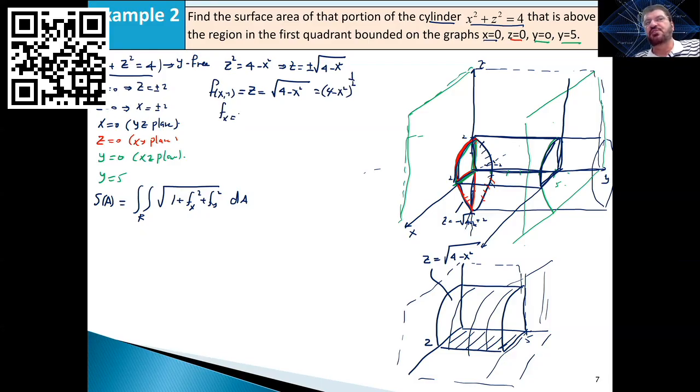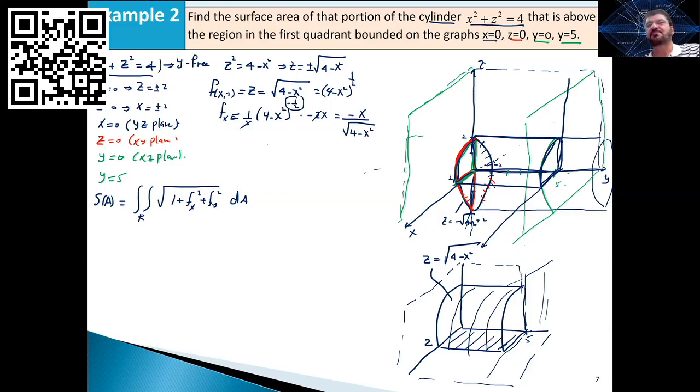Let's differentiate this. What do you get? Half goes down. Then 4 minus x squared, reduce this power by 1, becomes negative half, times the derivative of the inside, which is negative 2x with respect to x. This 2 goes with this 2. So you're left on the top with minus x over, you see this negative power, I'm going to bring it down, becomes what? The square root of 4 minus x squared at the bottom.